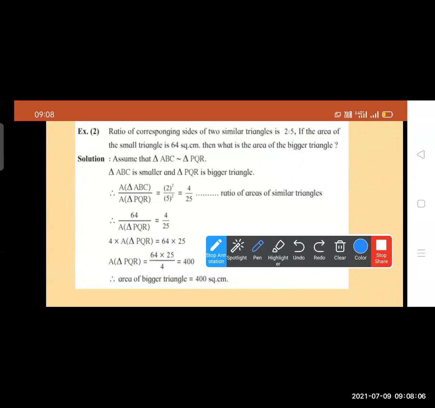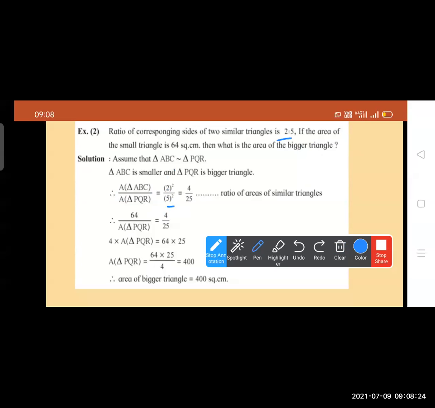Then by applying the theorem of ratio of area of two similar triangles, area of triangle ABC to the area of triangle PQR is equal to, first you write the formula, that is AB square by PQ square, or you can directly write the values.